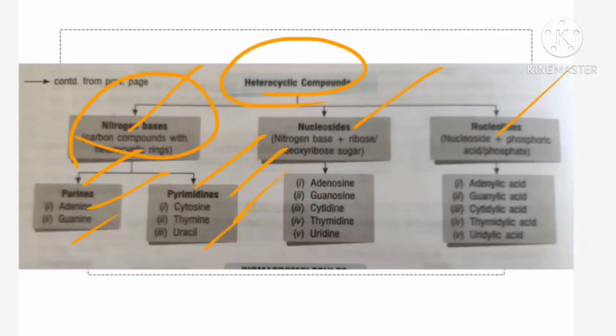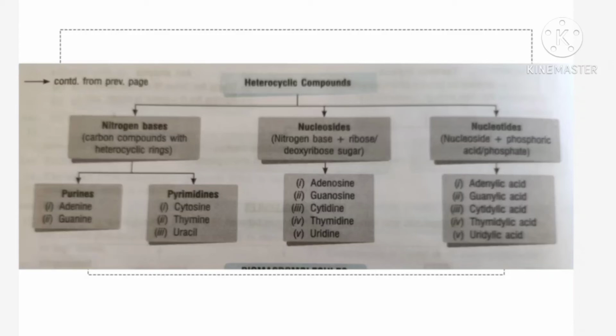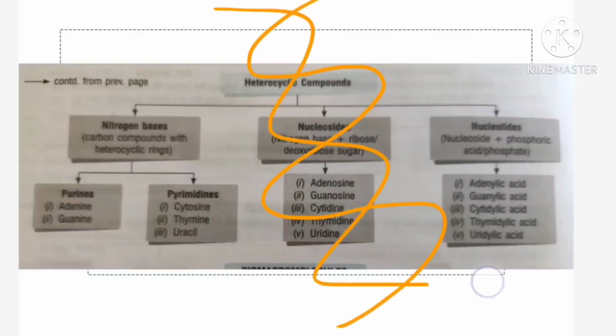Now listen, when you are looking into the structure of DNA, the DNA will be like this, isn't it? In this DNA, the ladder rungs are where you can find the nitrogenous bases.